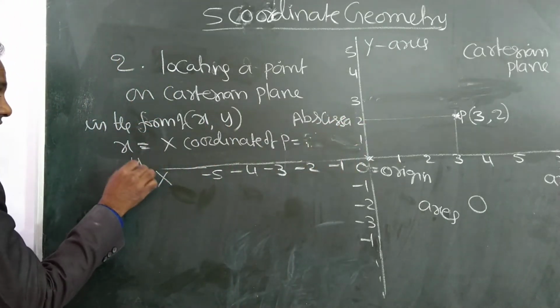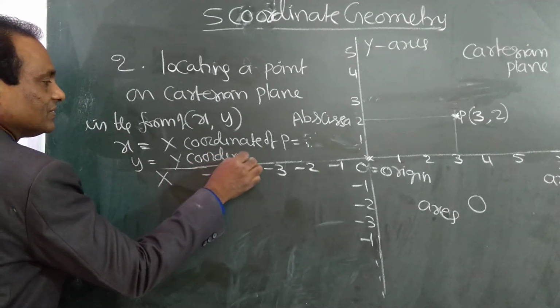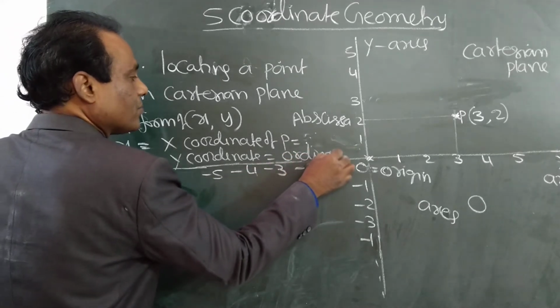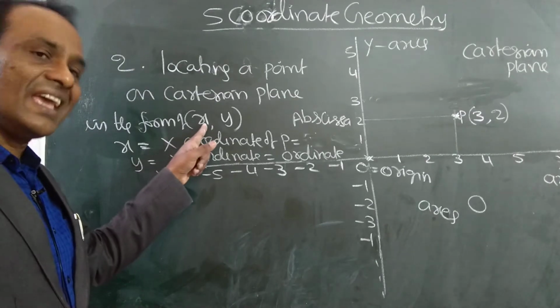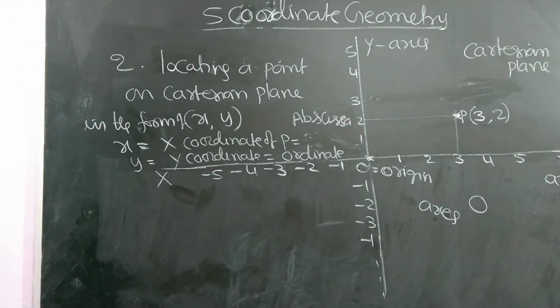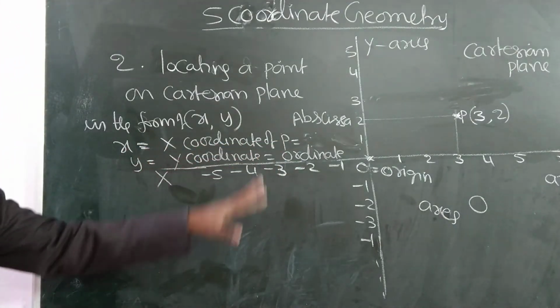This y is nothing but the y coordinate, also called the ordinate. Ordinate means y coordinate. This is called the x coordinate, this is called the y coordinate. That's all. x is the x coordinate, y is the y coordinate.